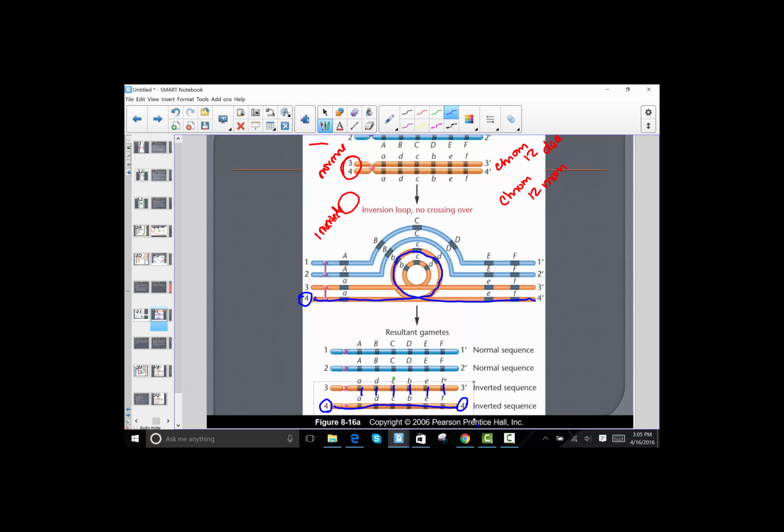So we didn't do anything different here, okay? We're still maintaining our inverted sequences on these 2, and we are still maintaining a normal sequence on these 2. So this individual, the resulting gametes, are still going to produce the same complement.